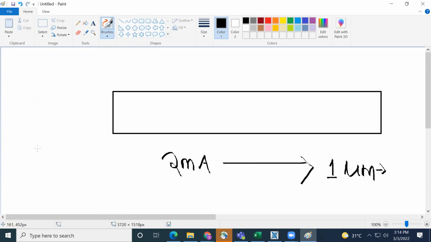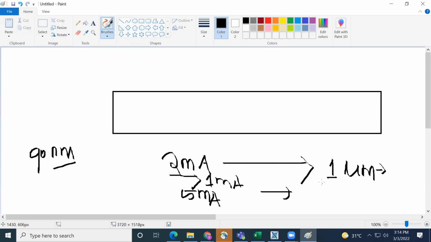For our technology, like 90 nanometer, we are following 2 milliampere current per 1 micrometer. Any current you can give. Suppose you want 5 milliampere, how to find? Convert 1 milliampere: 1 milliampere equals 1 by 2 micrometer, so for 5 milliampere you multiply by 5, so 2.5 micrometer would be required.